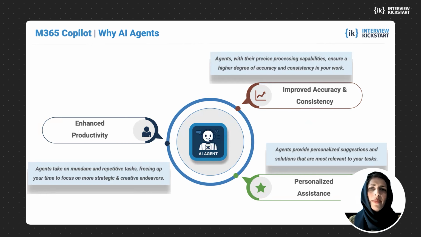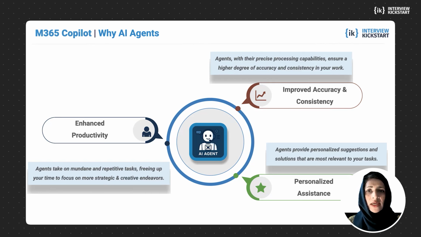So, why should we care about AI agents? There are three main reasons. First, they improve accuracy and consistency. AI agents process information precisely, reducing human error and ensuring your work is reliable. Second, they provide personalized assistance. By learning your preferences and work patterns, agents can offer suggestions and solutions tailored specifically to you. And third, they enhance productivity.